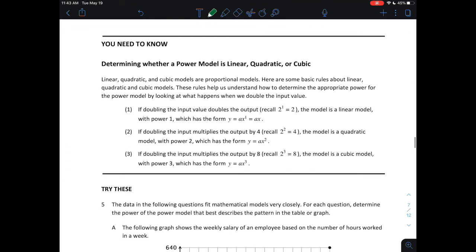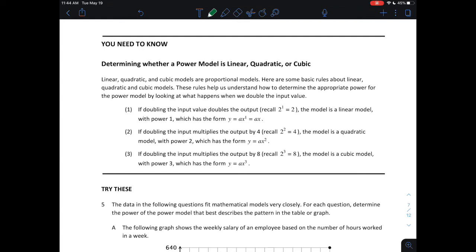So now here we can summarize everything that we've seen. Determining whether a power model is linear, quadratic, or cubic. Linear, quadratic, and cubic models are proportional models. Here are some basic rules about linear, quadratic, and cubic models. These rules help us understand how to determine the appropriate power for the power model by looking at what happens when we double the input value.